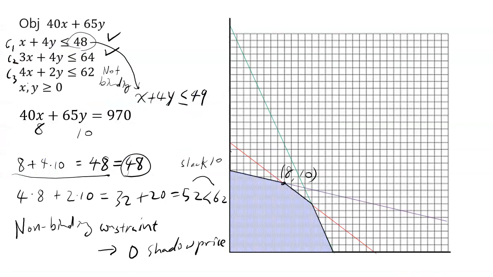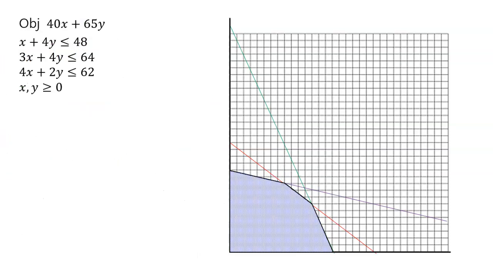Okay, let's go back to our calculation. We decided to change this. So remember, these two are the binding ones, C1 and C2. And we decided to increase this by 1. So x plus 4y less than or equal to 49, and 3x plus 4y.